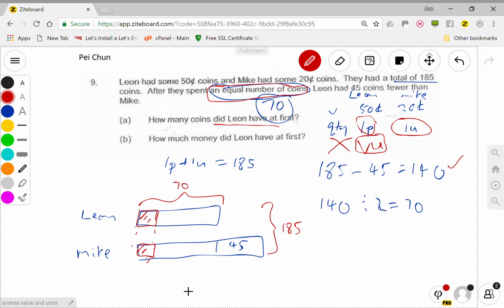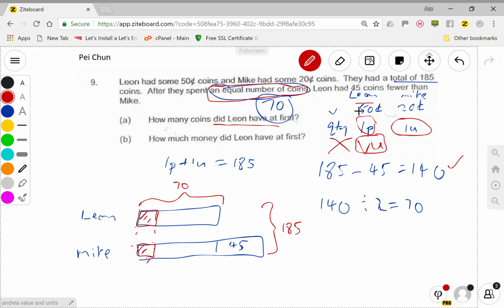When I draw it this way, are you able to see and understand how it works? So it's just a simple model drawing. At first I thought it was something else. So after you found that Leon has 70 at first, how much money, this is easy already, right?